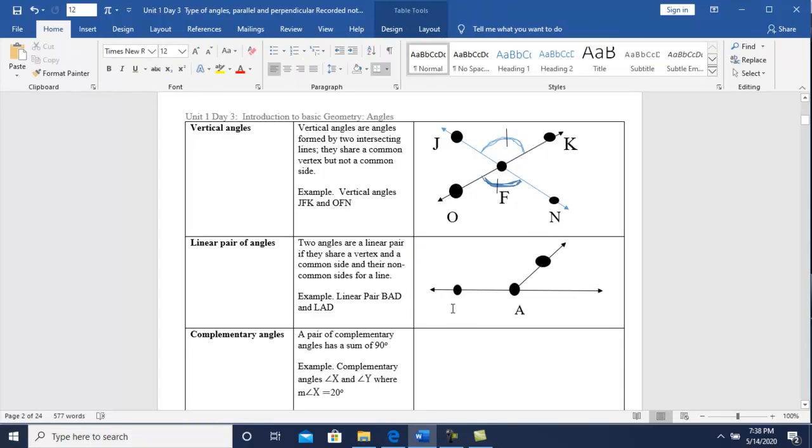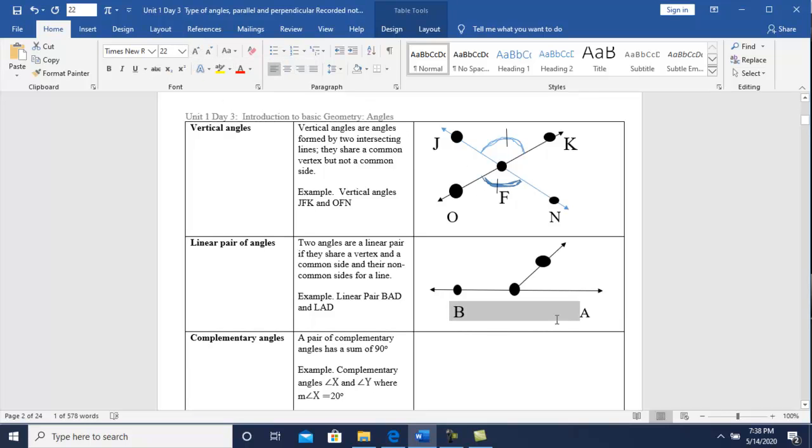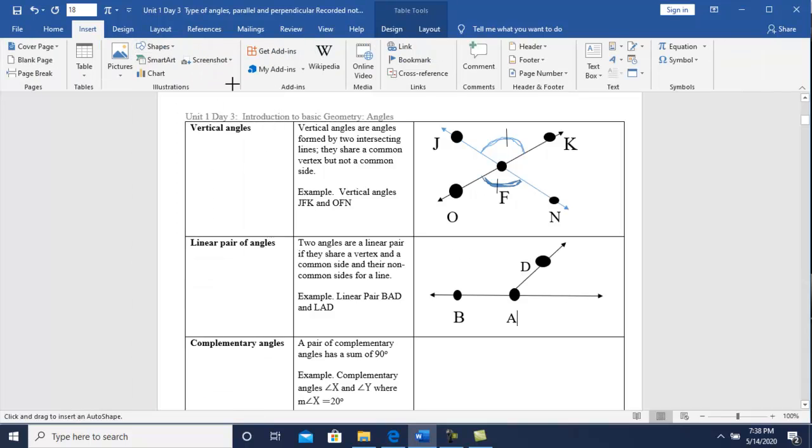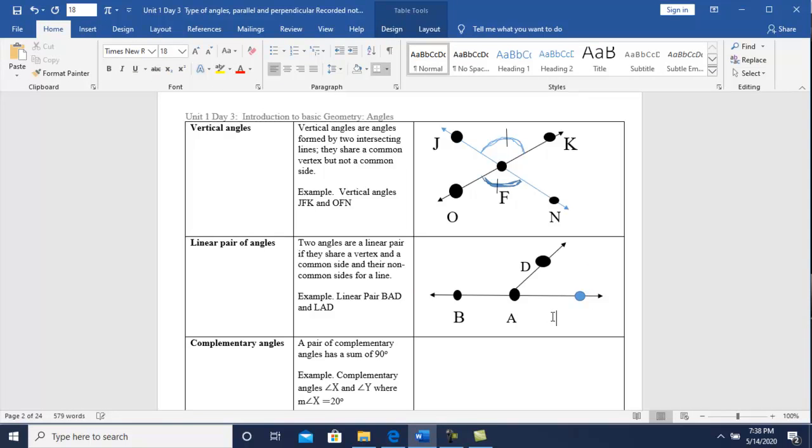So here's B. And roll that over. Here's D. Okay. Now I need one more point. And LAD.